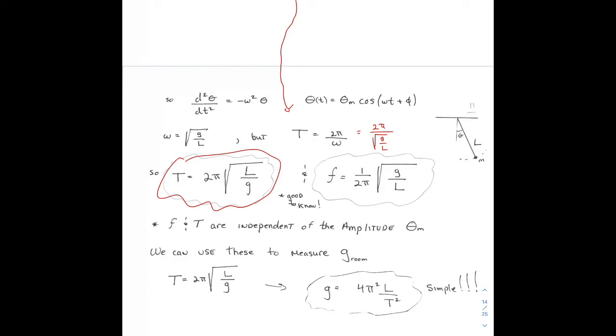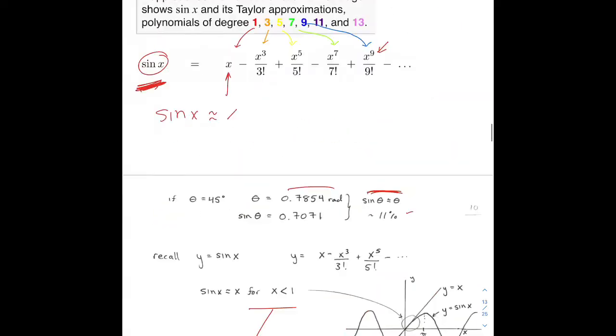Remember, anything you know about the period, you can easily deal with the frequency, because the frequency is 1 over the period. If you have the period, you instantly have the frequency. Since we forced the motion to be simple harmonic by using a small angle, we found that the frequency and period are independent of the amplitude.